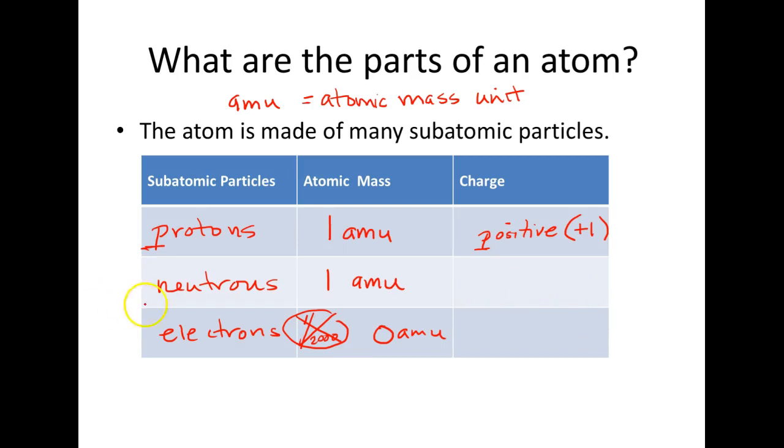Neutrons, on the other hand, sounds like neutral, and they are in fact neutral, and they have a 0 charge. And electrons, they have a negative charge, and each electron has one negative charge, just like each proton has one positive charge.